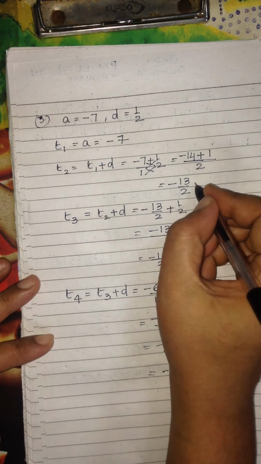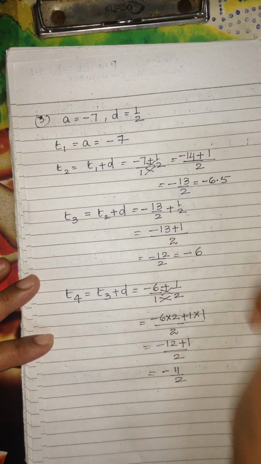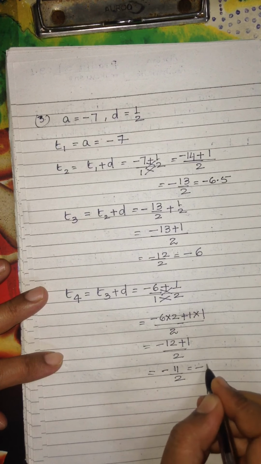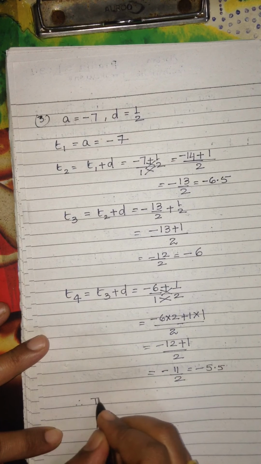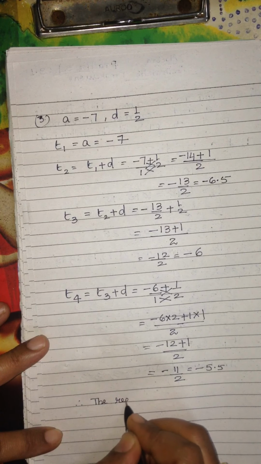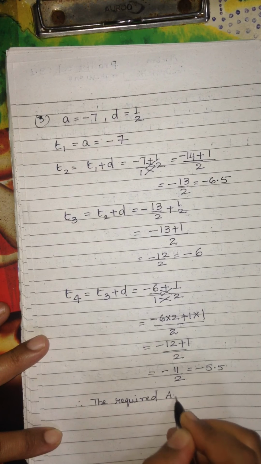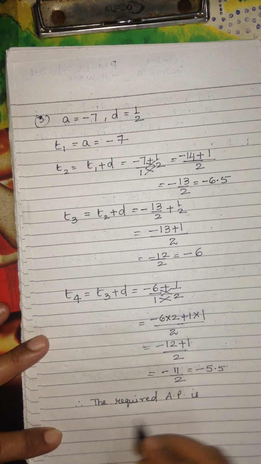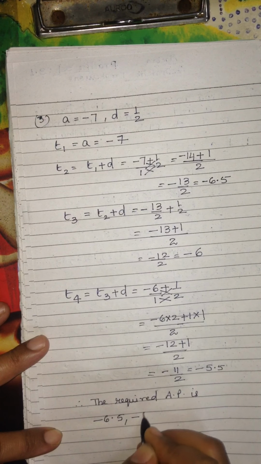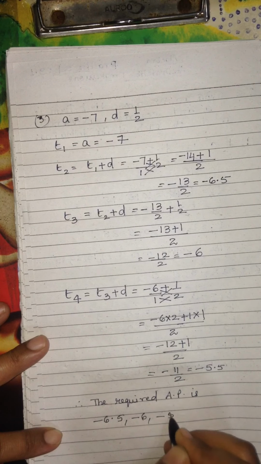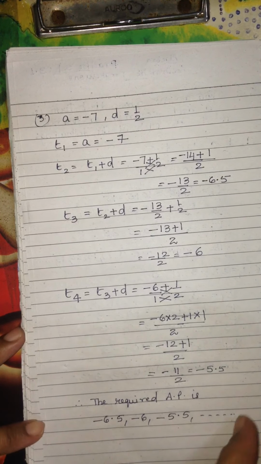So this can be converted into decimal, children, if you want. Minus 6.5 and this is minus 5.5. Hence the required arithmetic progression, that is, you take it as AP, is, write very clearly, children, because this is the final answer, and don't forget to put the dots which continue.